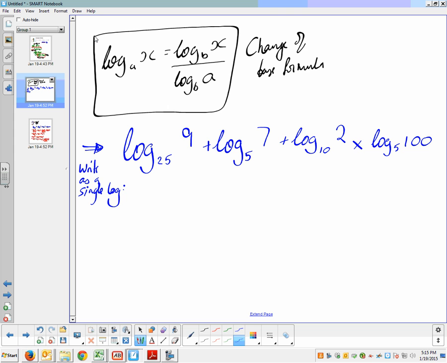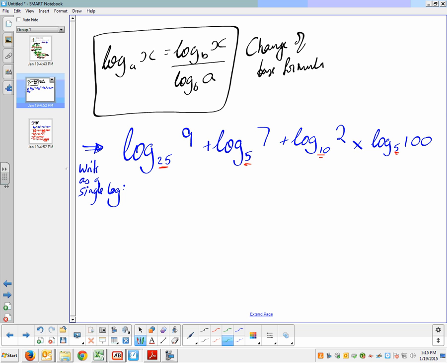You can see there's some relationship between the bases, not being picked at random. 25, 5, a 10 here, and a 5 here. And also, since two of them are already in base 5, it makes sense to pick base 5. That's the one we want to turn everything into.